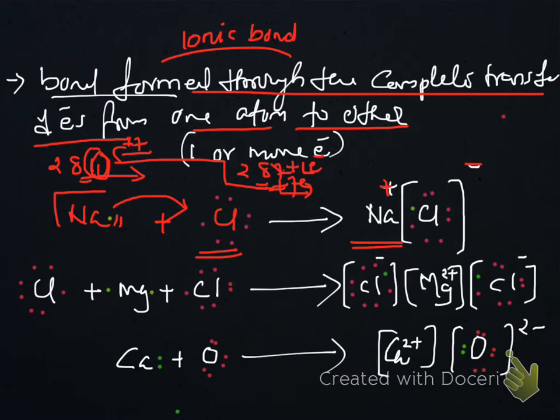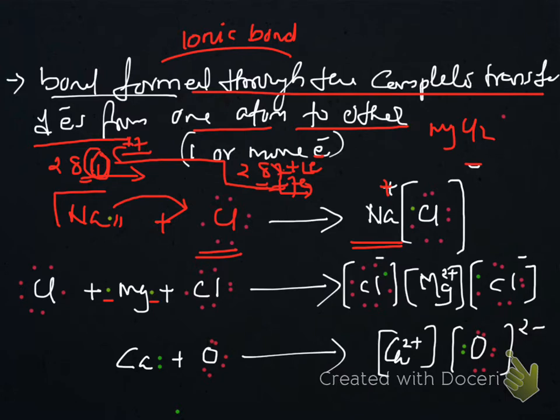See another example, magnesium chloride. It has the formula MgCl2, magnesium combined with 2 chlorine atoms. Magnesium belongs to the second group and has 2 valence electrons shown in green color. Chlorine, as said earlier, contains 7 valence electrons, which is in need of 1 more electron.